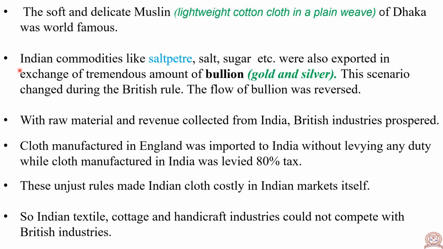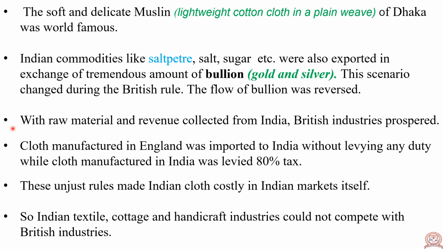Before the British rule in India, the Indian commodities like saltpetre, salt, sugar, etc. were exported to other countries in exchange of gold and silver. This scenario changed during the British rule.